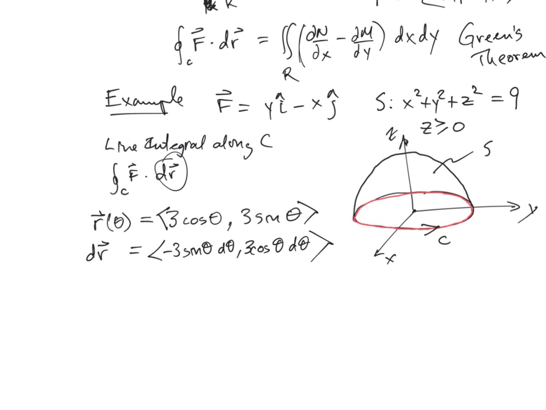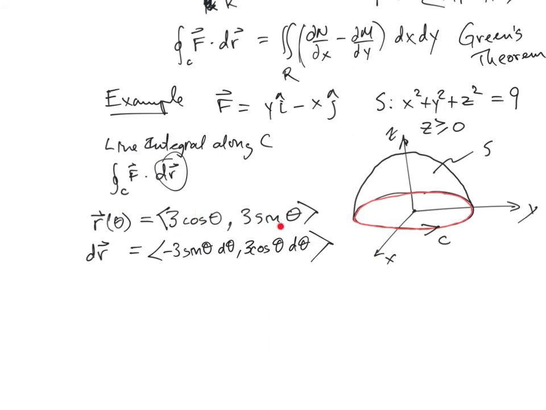Okay. We also have to parameterize our vector f. When we calculate the vector line integral, we only care what f does along the curve C. F has components of y and x. By writing this, we say that everywhere along the curve C, x is equal to 3 cos theta and y is equal to 3 sine theta, right? So we substitute those in here. This x becomes 3 cos theta.